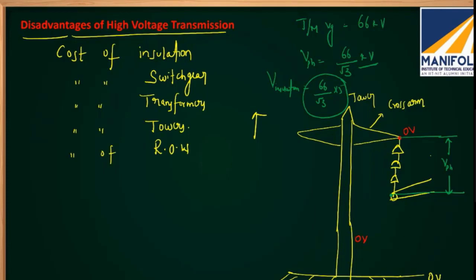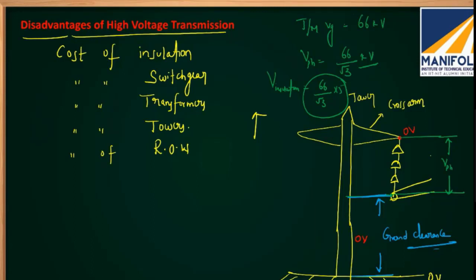That is one thing. And this distance from the conductor position to the earth is called ground clearance. As the transmission voltage increases, for an 11 kV pole which you see in your streets, the minimum ground clearance required is some 6 meters.